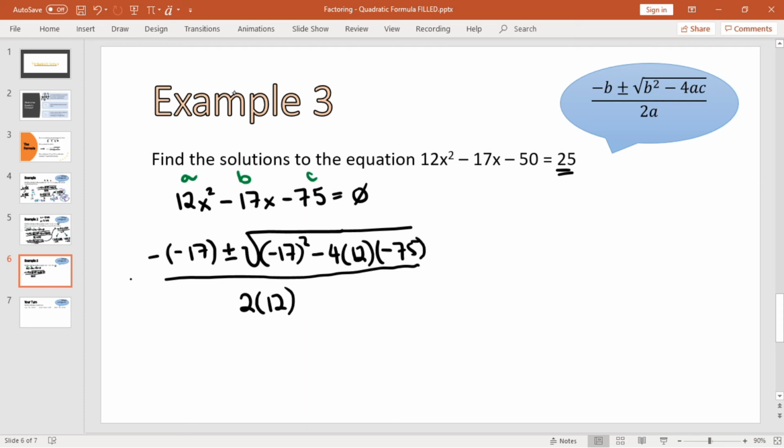Okay, so once again, 17 will become positive, plus or minus, I'm going to have 289 plus 3600, and it's going to be divided by 24.